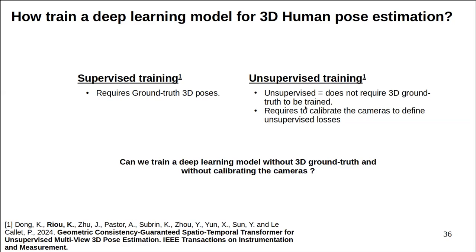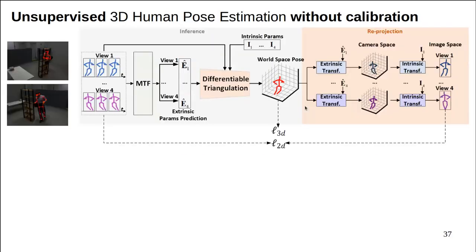So if we go one step further, we can wonder if we could train a deep learning model without 3D ground truth, but also without calibrating the cameras. So this will be the main focus of this part. We propose a pipeline to do so. As input of our pipeline, we will have 2D poses detected from the multiple views.